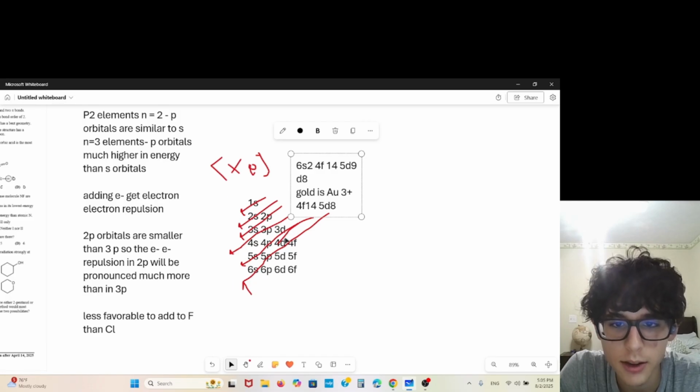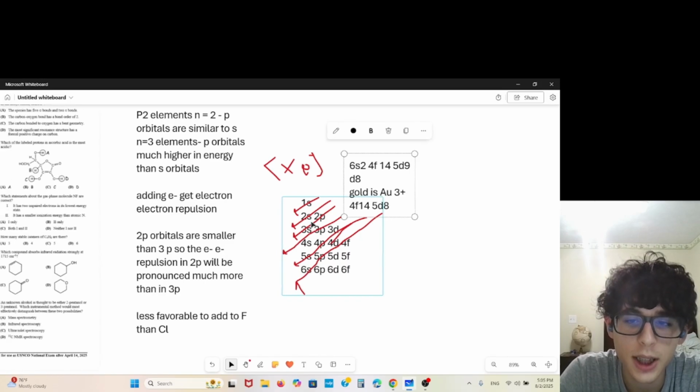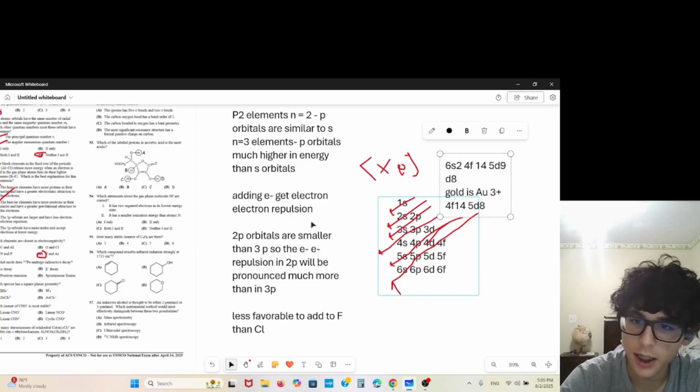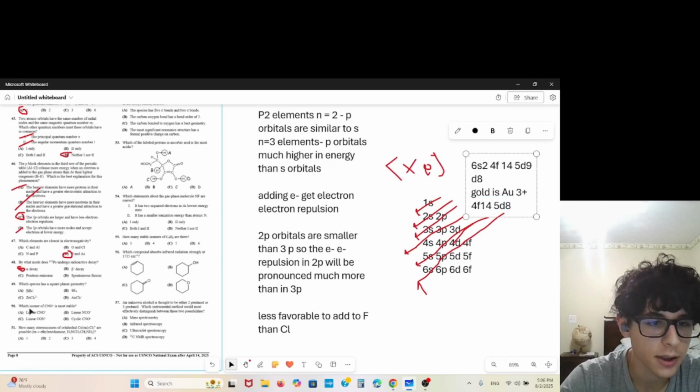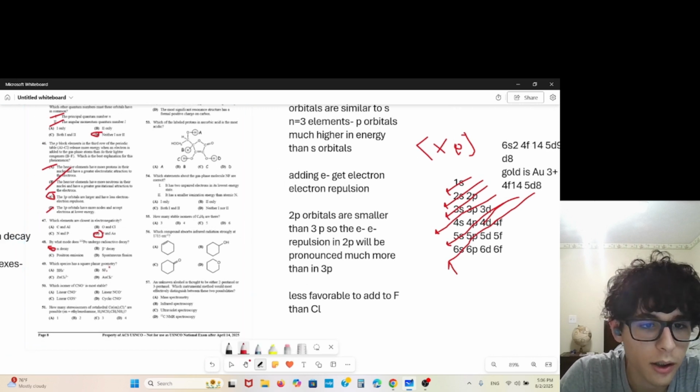Highest, next highest, and you don't have enough to remove from 4f. So you're going to have a d8, and that is going to be square planar. Zn, on the other hand, is d10, and here it is 2+, so it's going to stay d10, but with its s2 electrons removed. Okay, so yeah, crazy.